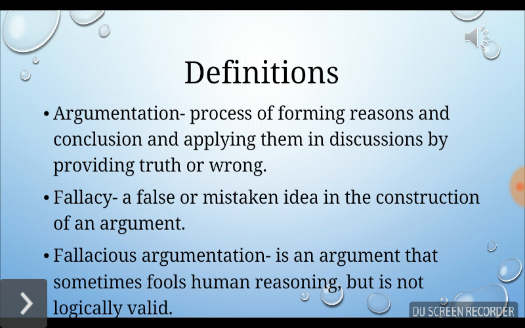Now we move on to fallacious argumentation. This is an argument that sometimes fools human reasoning but is not logically valid. Examples of fallacious argumentation would be: penguins are black and white. Some old TV shows are black and white.